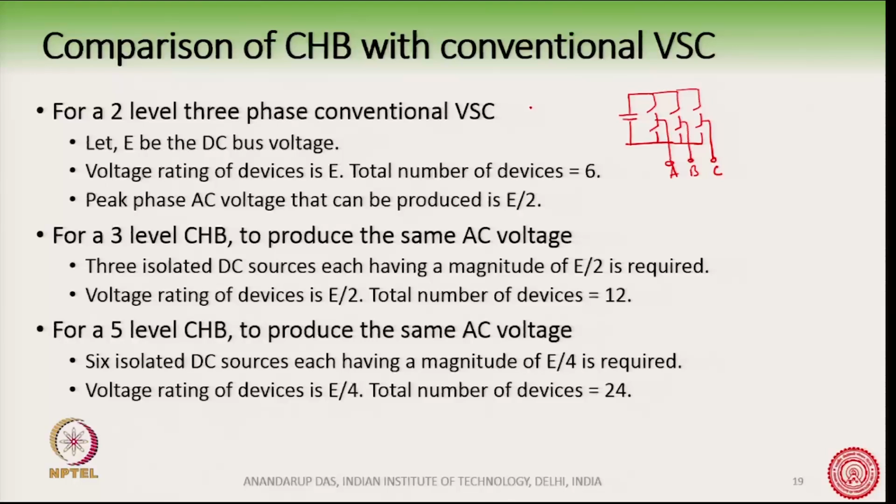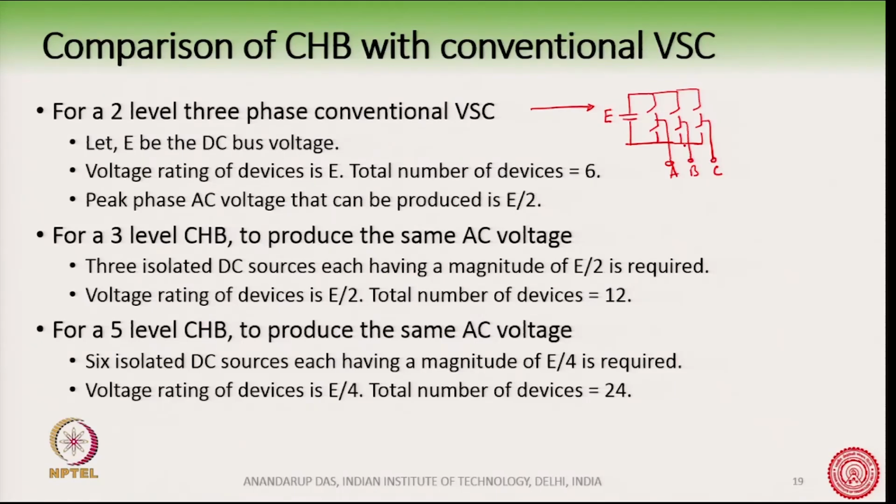For this conventional VSC, suppose the DC bus voltage is E, that is this voltage is E, then the voltage rating of all these devices is E, and the total number of devices we require is 6.